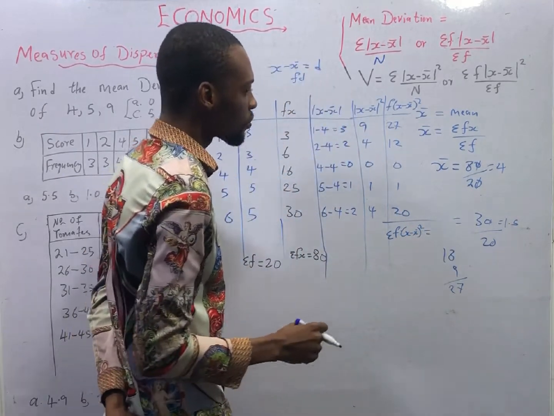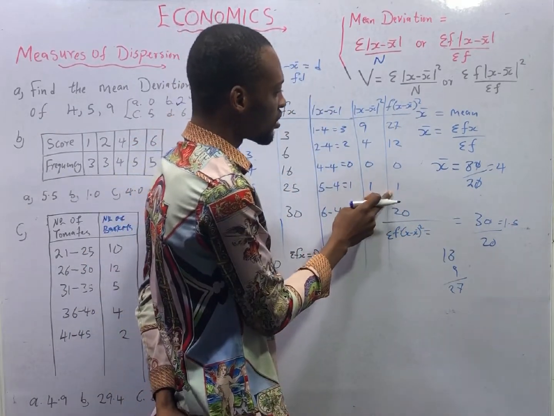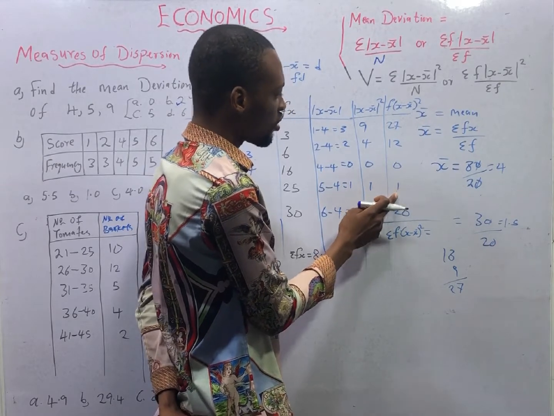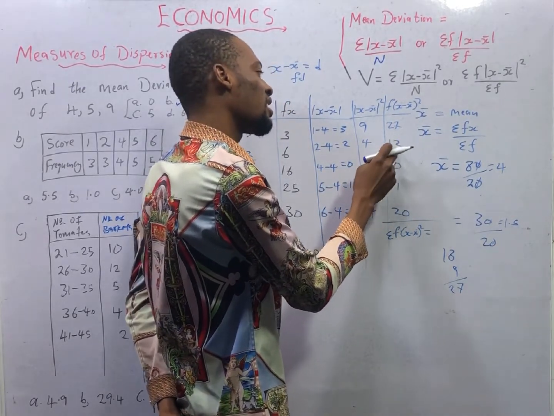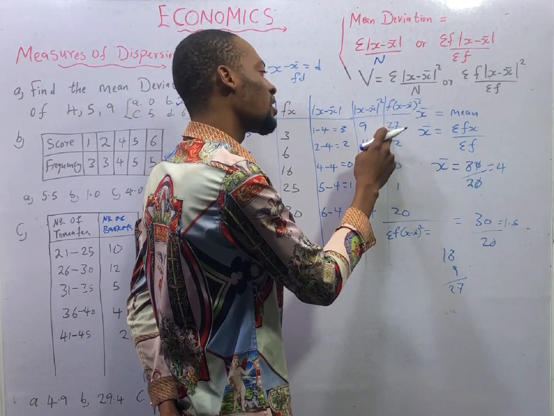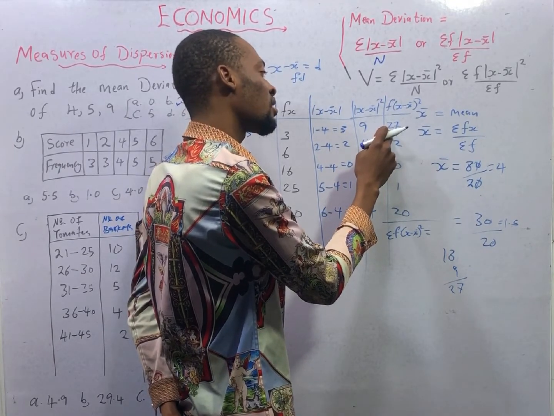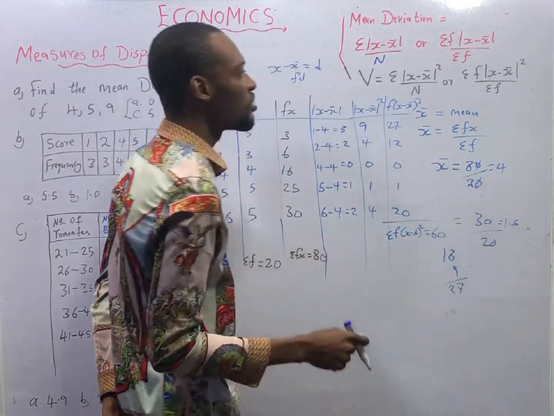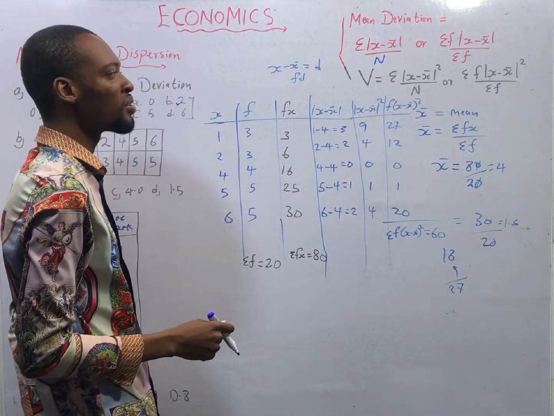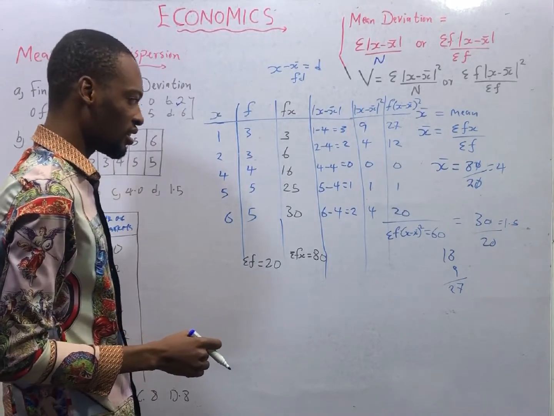This will give you 20 plus 5 is 25. 25 plus 12, that is 37. 37 plus 27, that should be 60. So the summation of F times S minus S bar squared is 60.